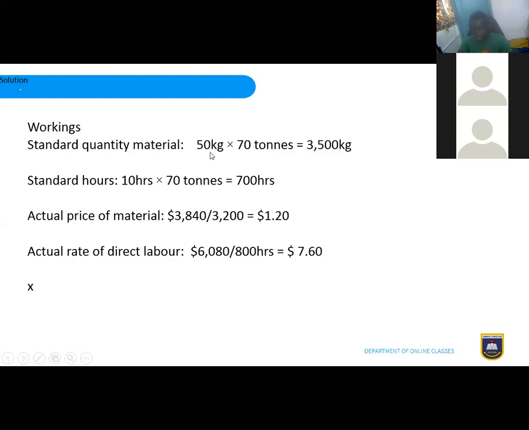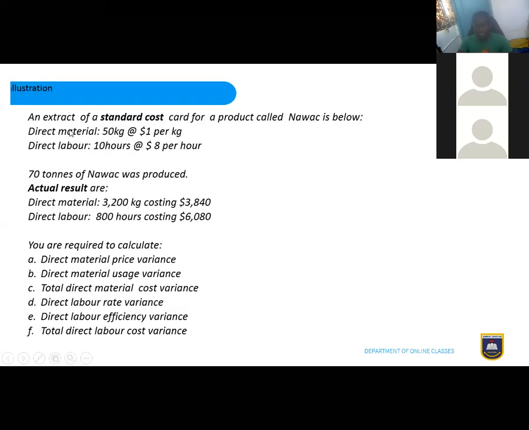Here, standard cost, the direct material is 50 kilograms. But I don't just write 50 kilograms there, because the 50 kg was used to produce quite a number of goods.